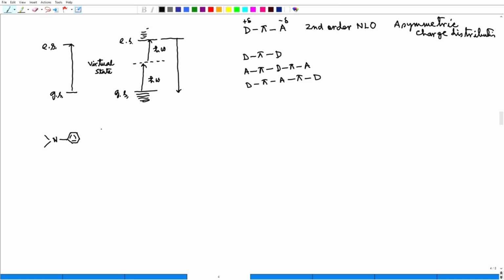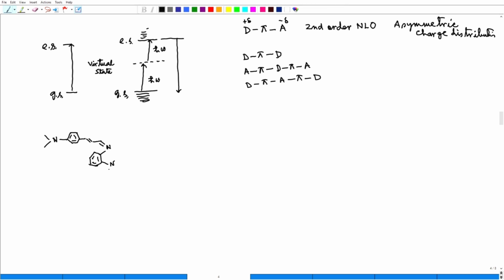Then after pi, single bond, then double bond, then single bond, then double bond, then nitrogen, aromatic, okay.